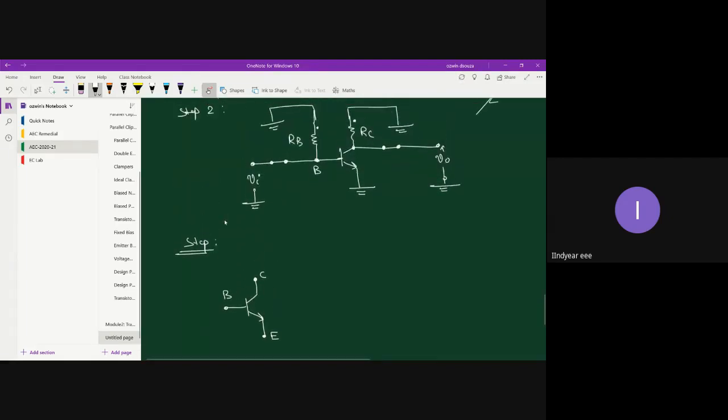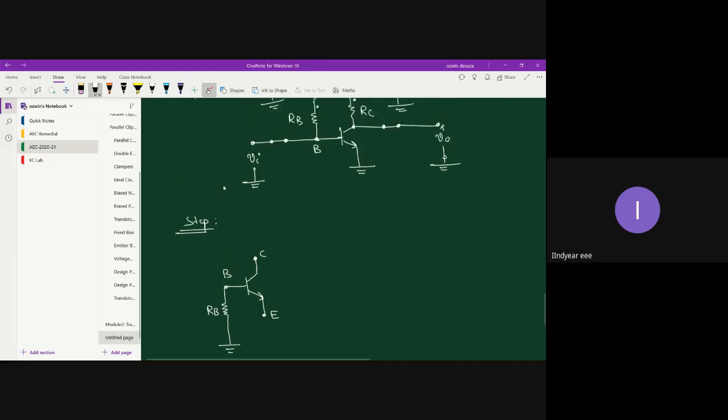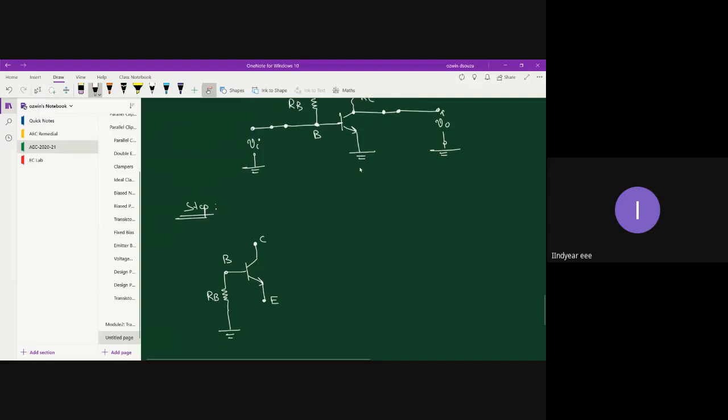Now, to the base terminal, RB is connected, and the other end of RB is grounded. We also know that the emitter is connected to ground, so we can drag this emitter terminal and connect it to ground.